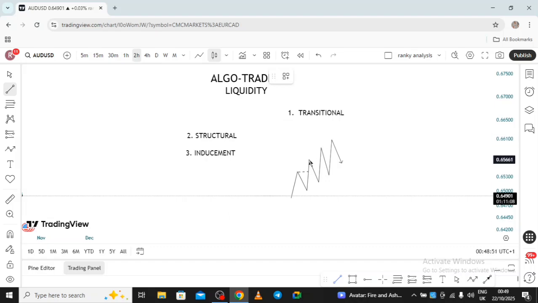So whenever there's a break of structure, this is what they call transitional liquidity, because it has to break the structure and give us the pullback. So whenever there's a break of structure, just know that price simply took out a transitional liquidity. Same thing for a downtrend. Whenever the market is breaking structure to the downside, it is simply taking out transitional liquidity.